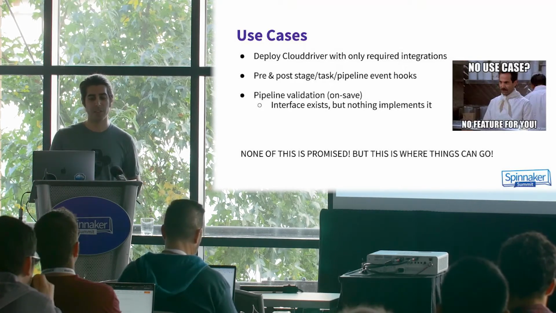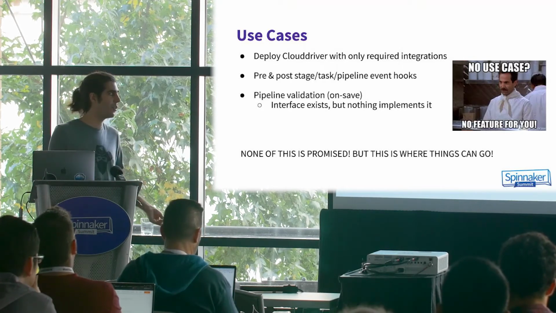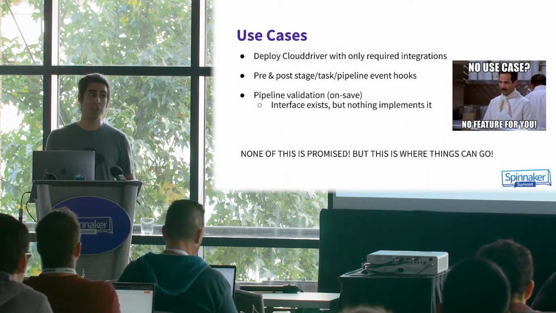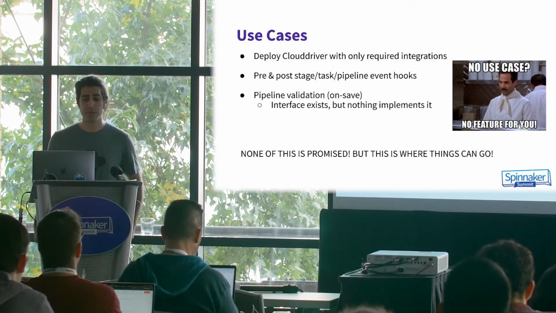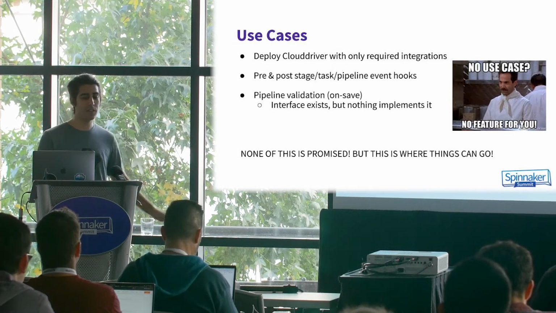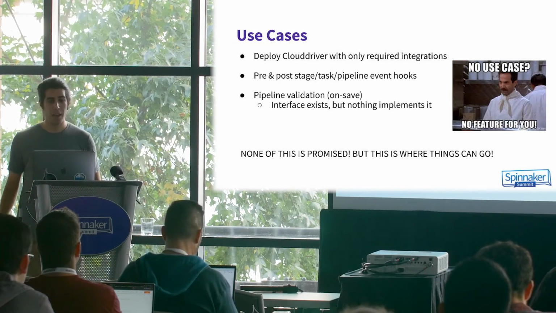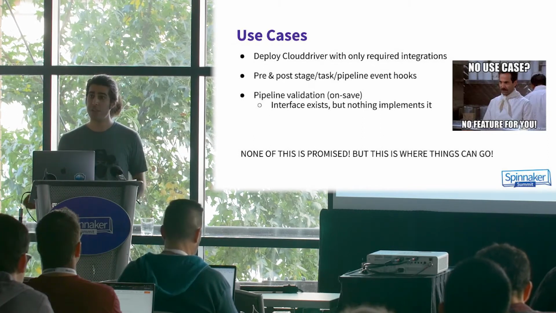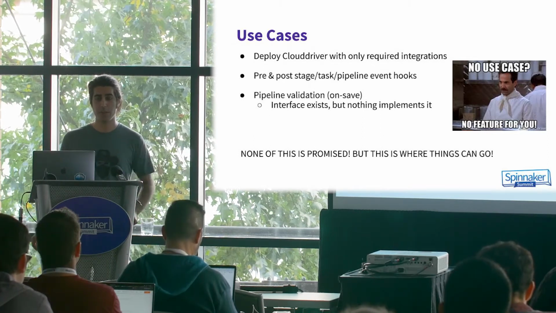And then pipeline validation on save. There's an interface that exists for doing this, but nothing implements it. But this would help ensure a safe delivery of your applications. Again, none of this is promised or done, but that's why we need your help to figure out what your use cases and needs are in order to support those.